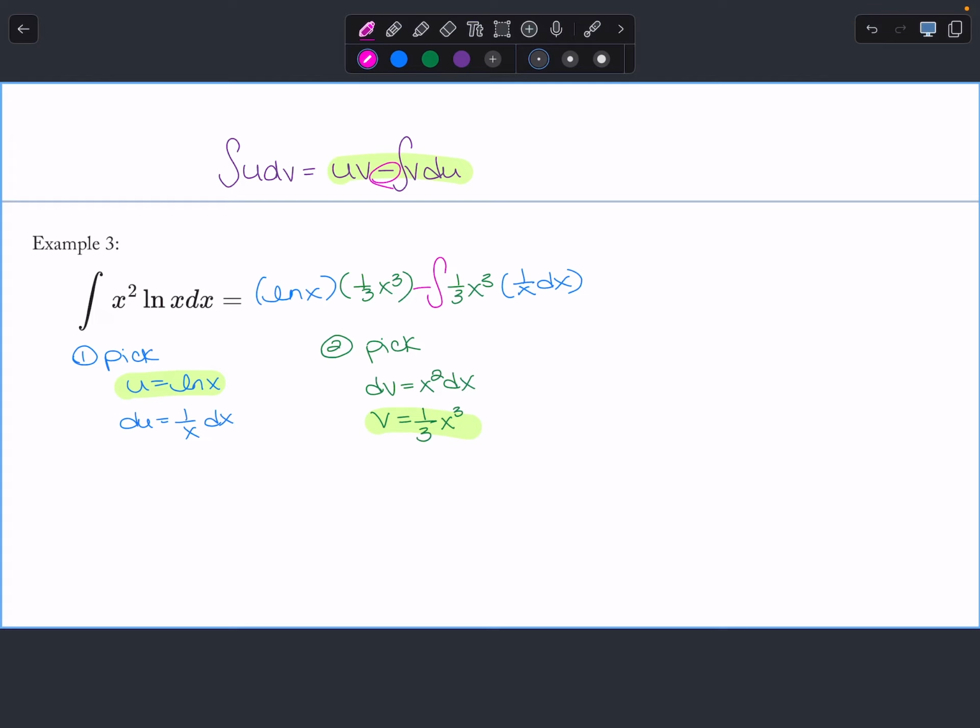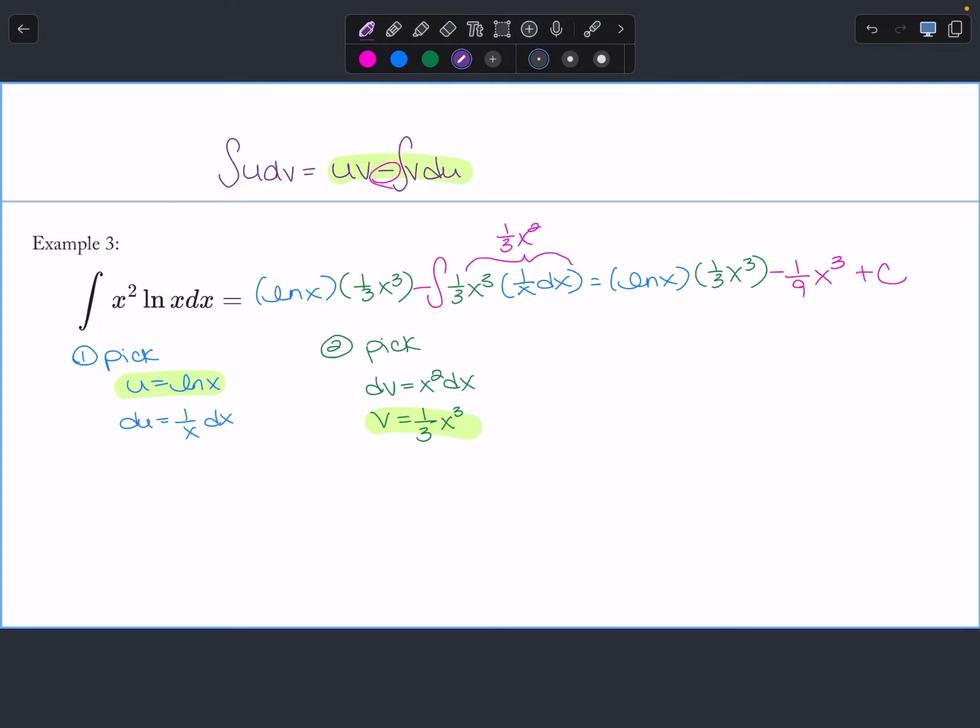So the nice thing now is that this weird thing that I have is not so weird anymore. This is actually a 1/3 x squared, which is very easy for me to take an antiderivative of. So my final answer is ln of x times 1/3 x cubed, and now I have a minus 1/9 x cubed, and then a plus c.